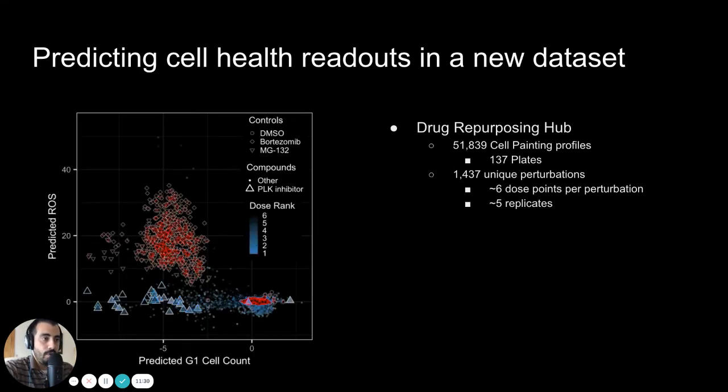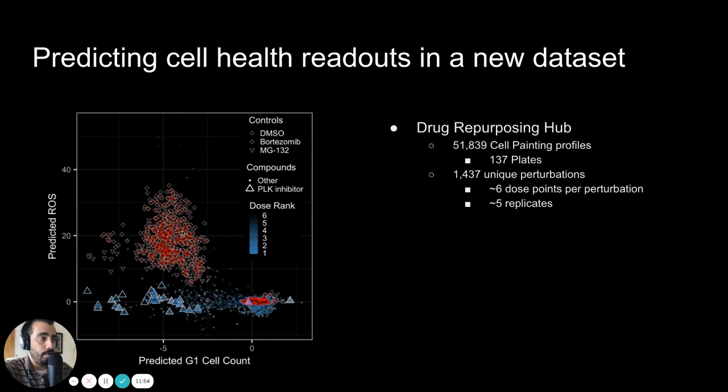Here we show the cell health models that were trained in CRISPR and applied to the Drug Repurposing Hub, with the predicted amount of reactive oxygen species on the y-axis, and the predicted G1 cell count on the x-axis. The points colored in red here are the controls within the Drug Repurposing Hub. These are bortezomib and MG132, two proteasome inhibitors, and in here, these are the DMSO negative controls.